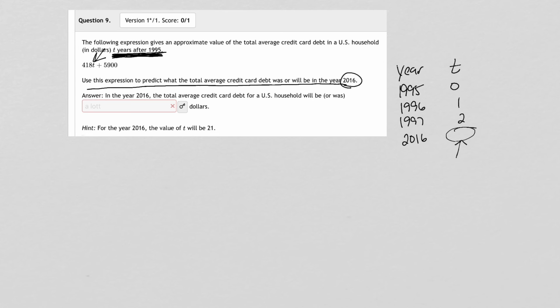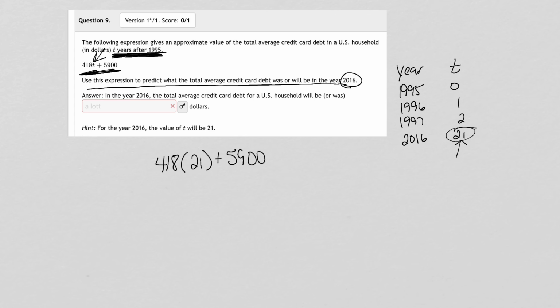Let's go with 5 plus 16, which would be 21. So we're going to put in 21 where I see T in this expression: 418 times 21 plus 5,900.